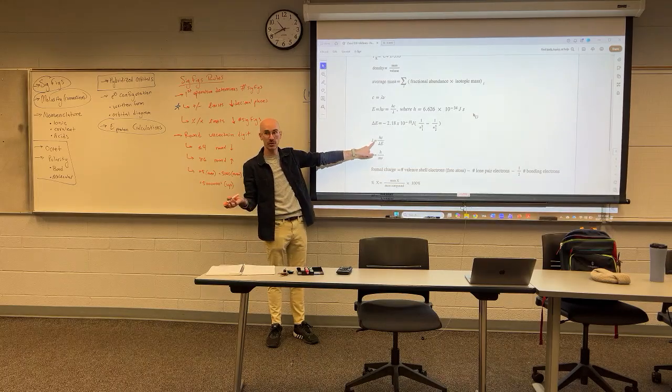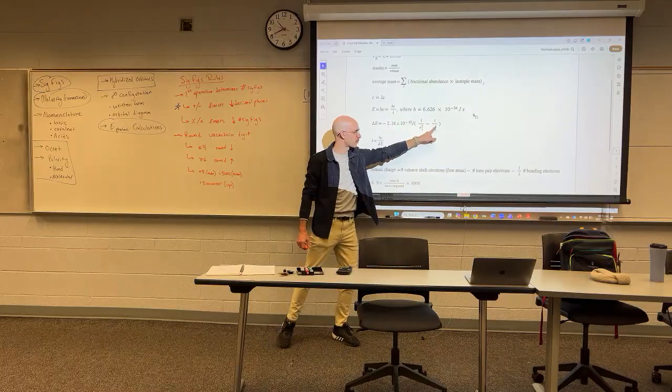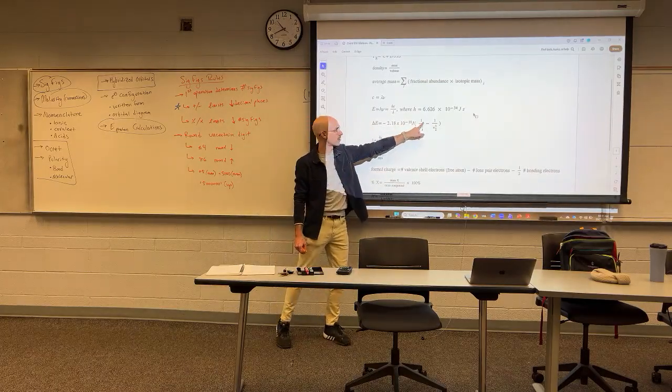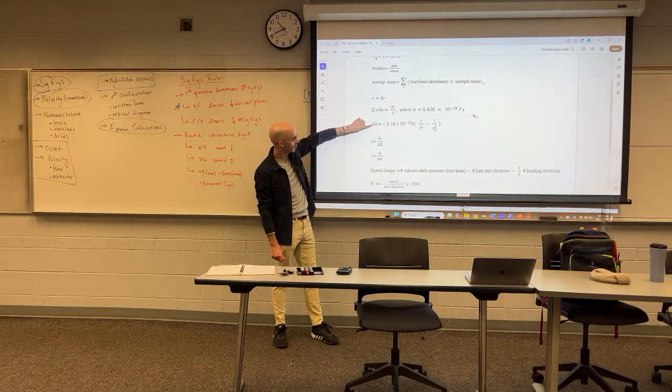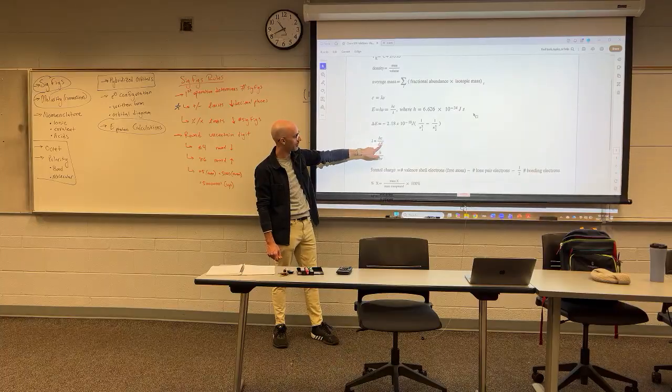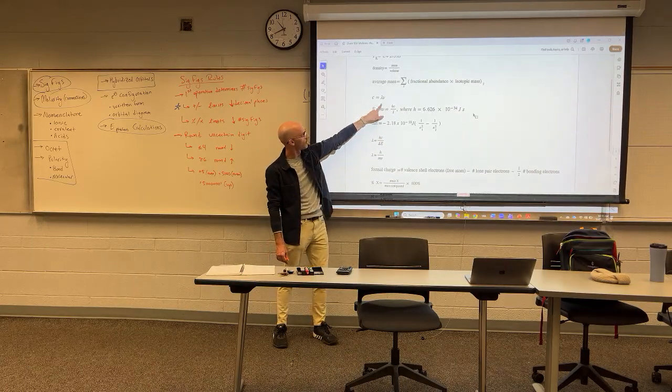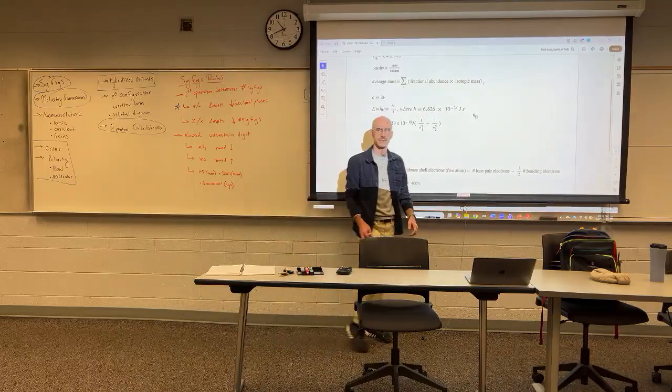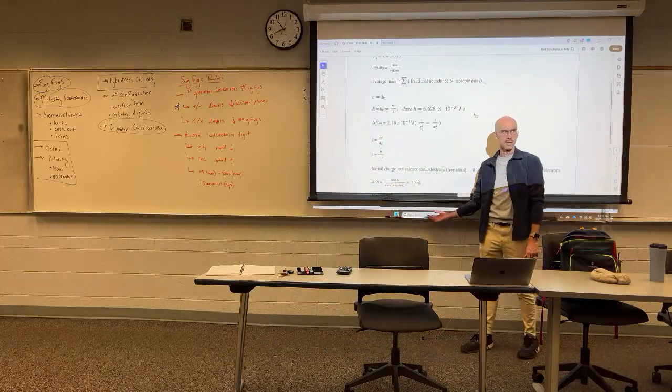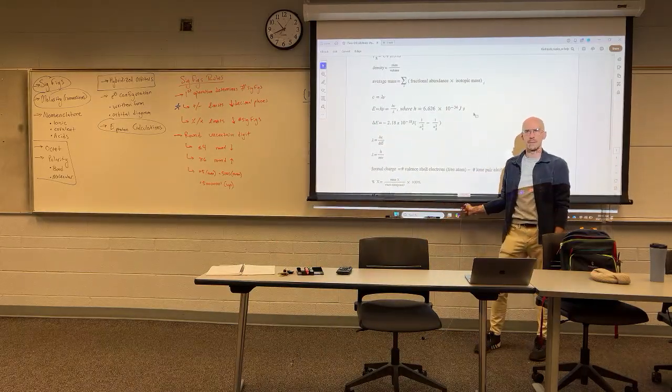It doesn't have anything to do with the shells. That's where I have to recognize if I need to calculate the difference between the shells, I'll need a calculation like this. That calculation plugs in very nicely down here. And then I'll have to just do another calculation to solve for frequency. Do you guys want a chance to plug it in, or do you want to just watch me do it?